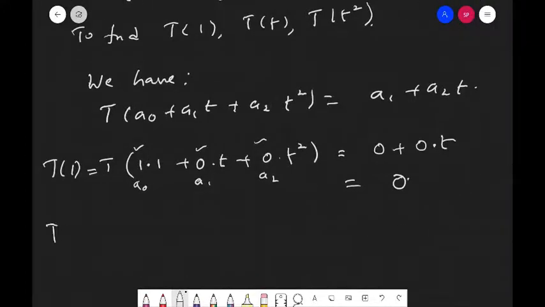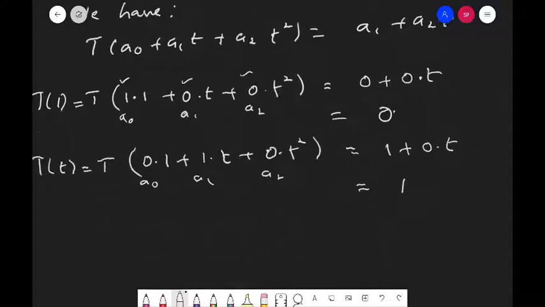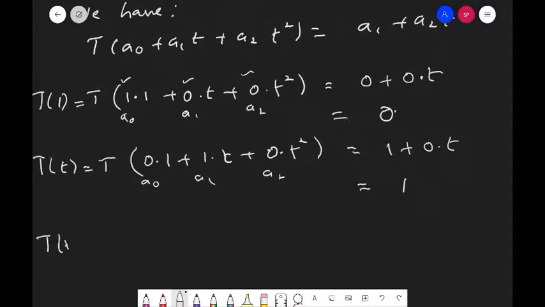Then T of t is T of 0 times 1 plus 1 times t plus 0 times t squared. So this is a0, a1, a2. So you have a1 plus 2a2t, which is 1 plus 0 times t. This is equal to 1. T of t is 1. And then T of t squared.